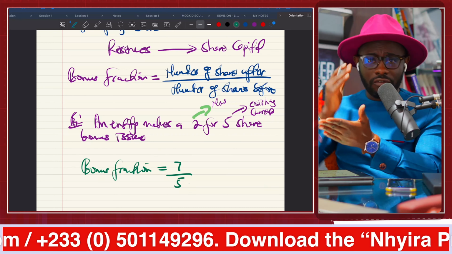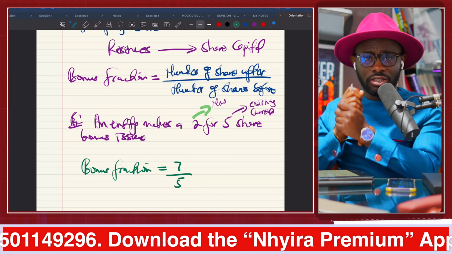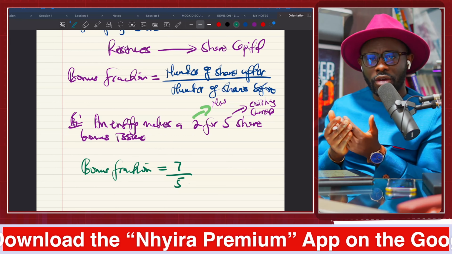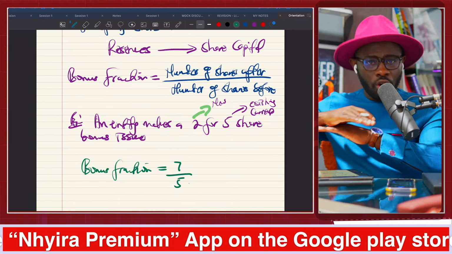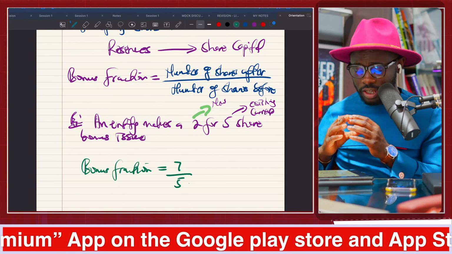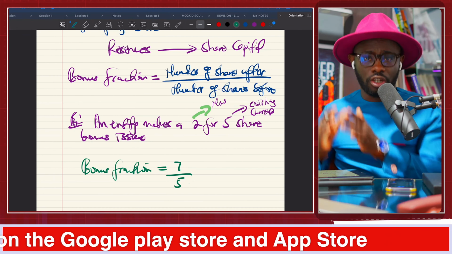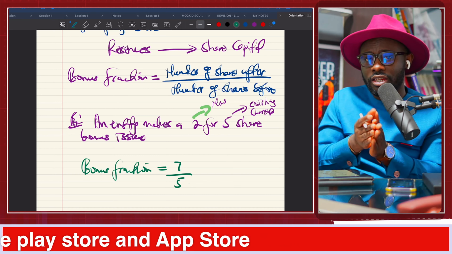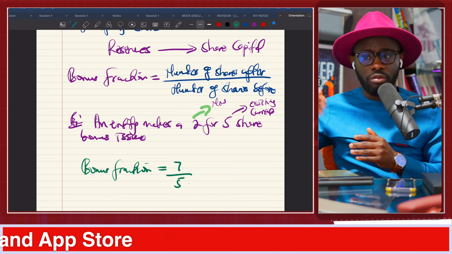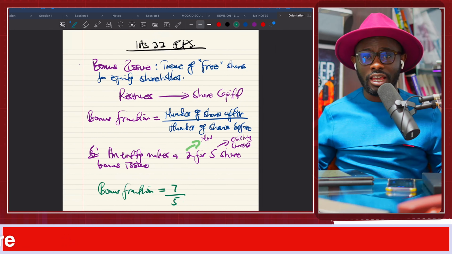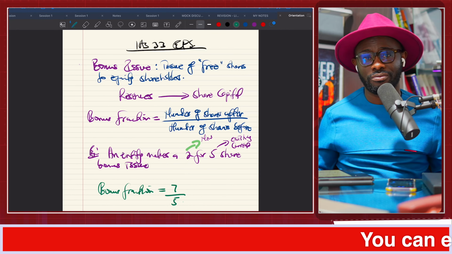The total number of shares after the right issue will not be affected by the bonus fraction. Only the number of shares existing prior to the right issue will be affected. That is the idea about bonus issue.